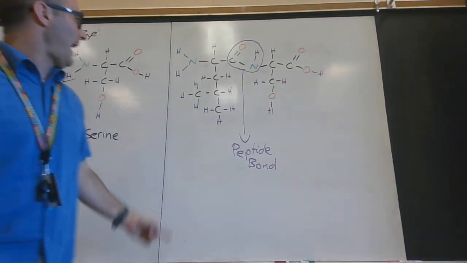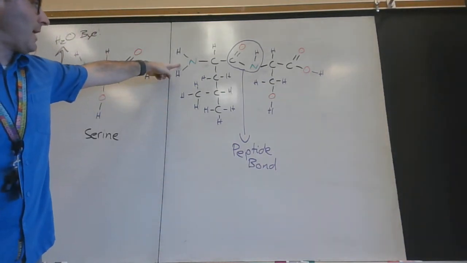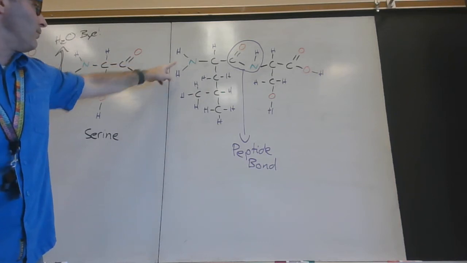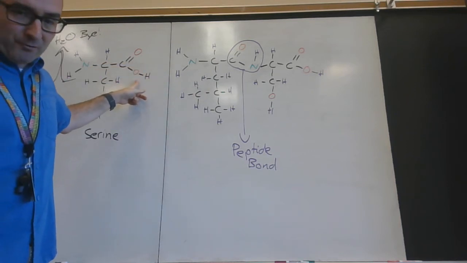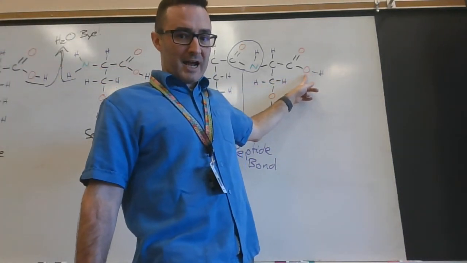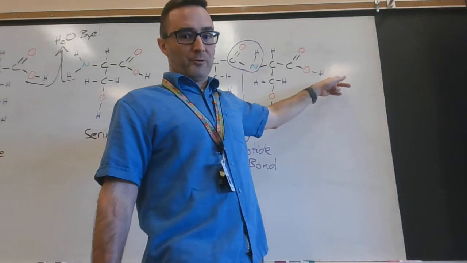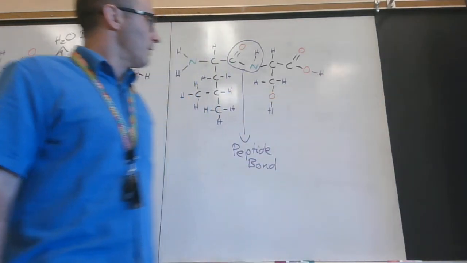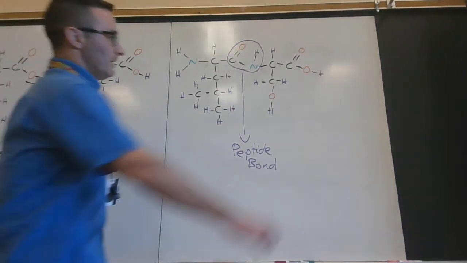So you could add another amino acid on the backside here, but it would have to bond through an OH of another amino acid. And you certainly could add another one on this side, but you would have to do it through the NH of a new amino acid. Okay? So there's a definite pattern.